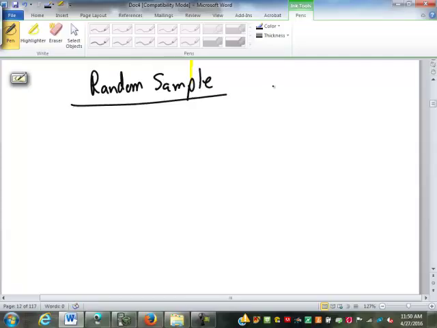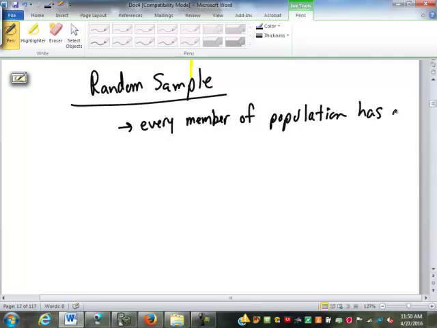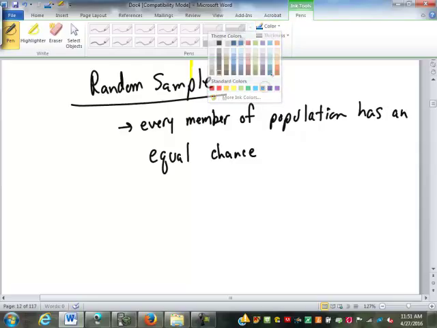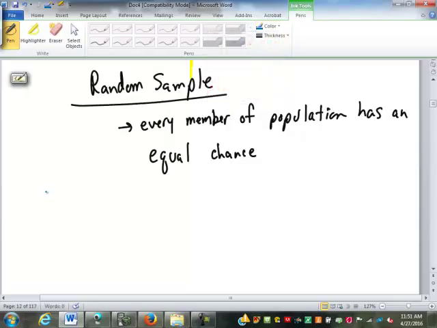A random sample means every member of the population has an equal chance of being in that sample. Let's discuss some methods of sampling.